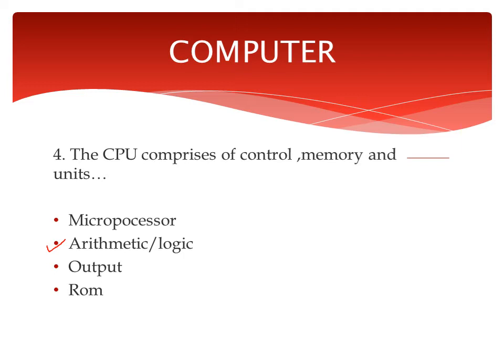Fourth question: the CPU comprises of control, memory and units. First, microprocessor; second, arithmetic and logic; third, output; fourth, ROM. Correct answer is arithmetic and logic.